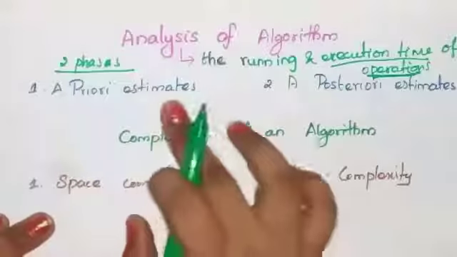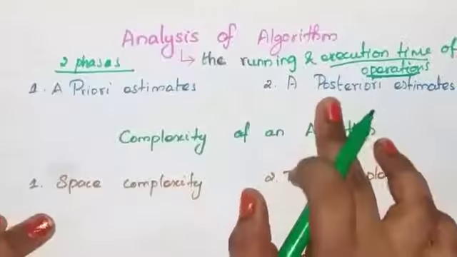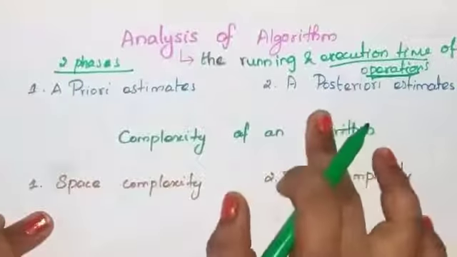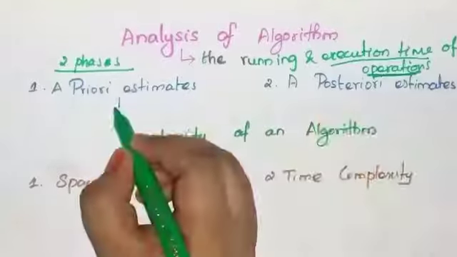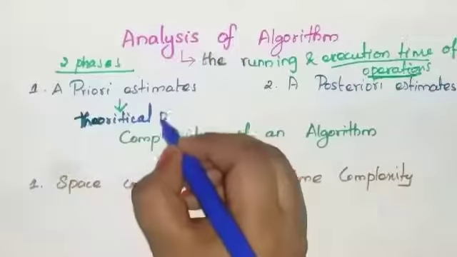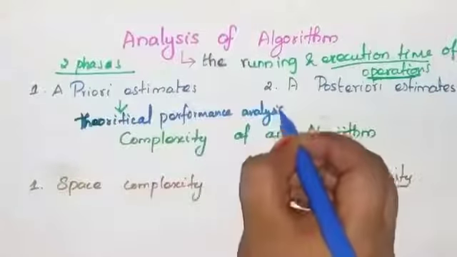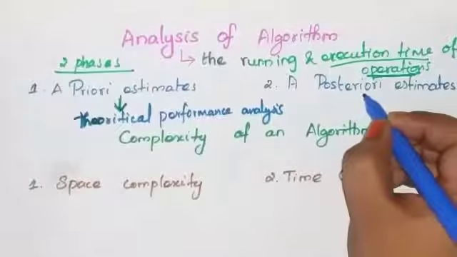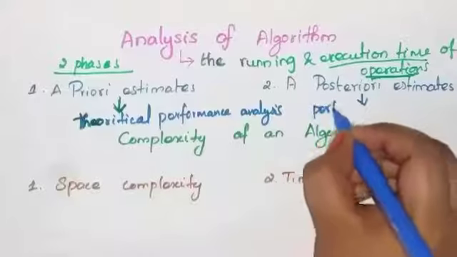These two are mainly used to estimate the performance of the algorithm. A priori estimate is a theoretical performance analysis, and a posteriori estimate means performance measurement.